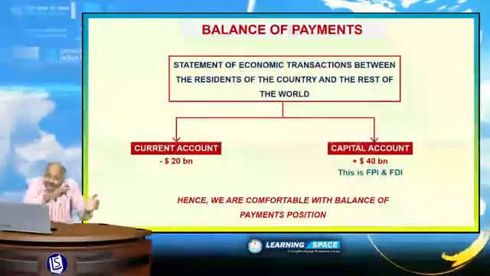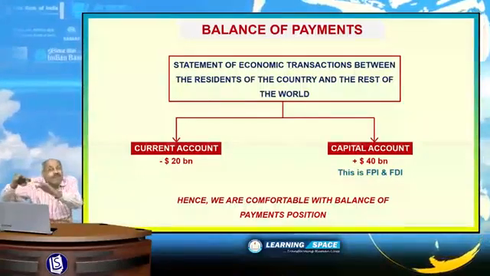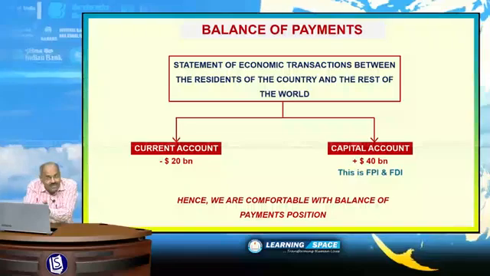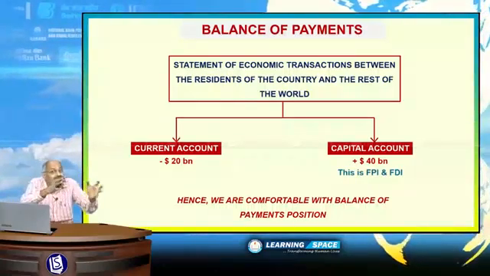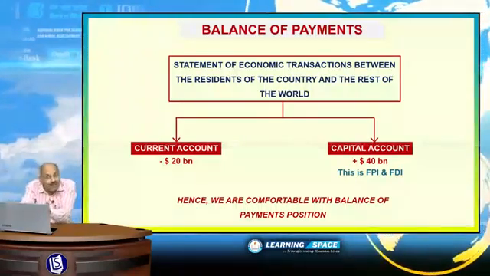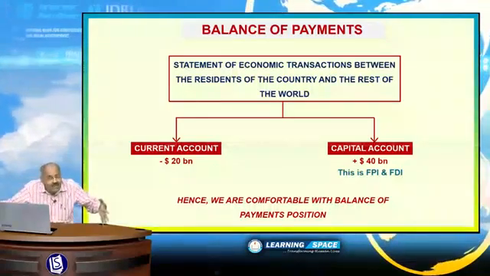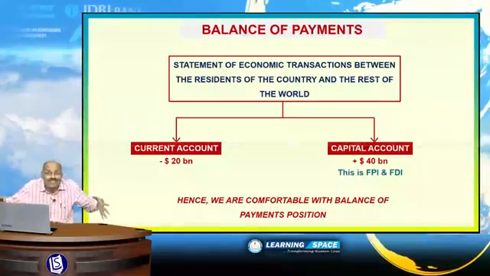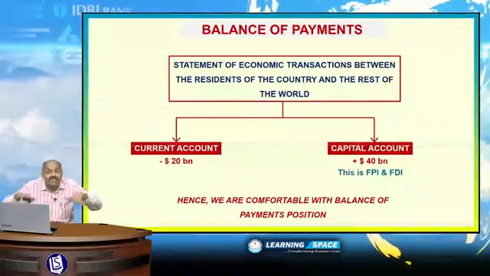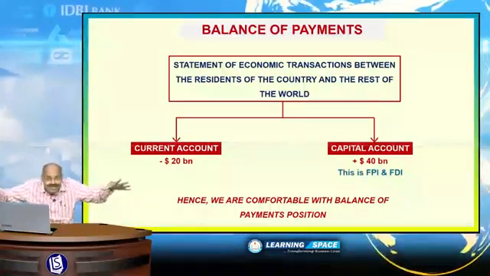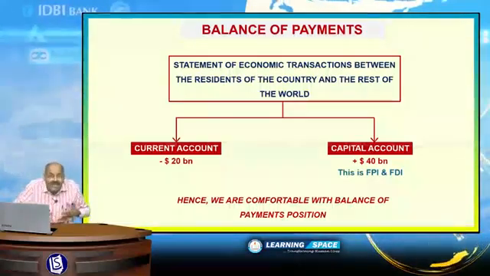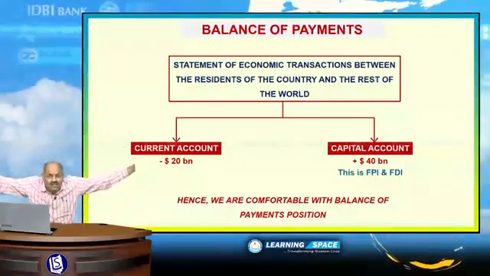So in current account we are minus, in capital account we are plus, around plus 40 to plus 50. So overall, current account and capital account put together is known as balance of payments. So the balance of payments in a nutshell is a statement of economic transactions between the residents of one country and the rest of the world.